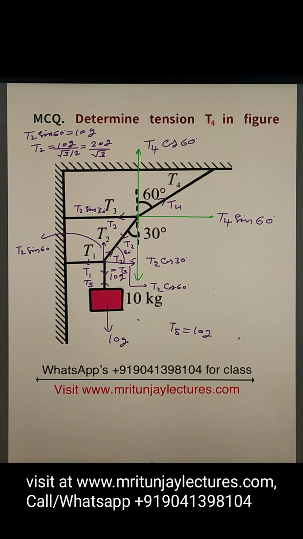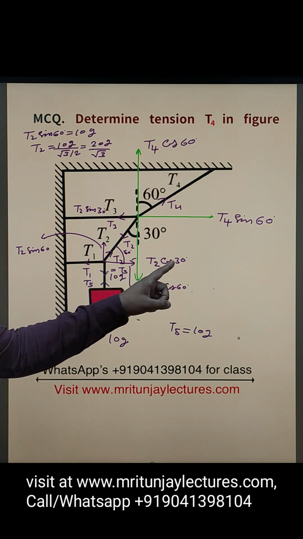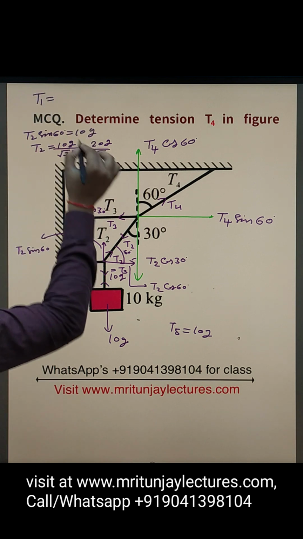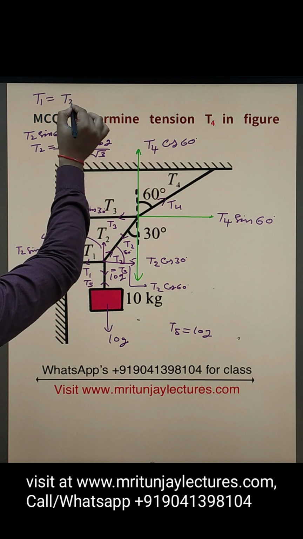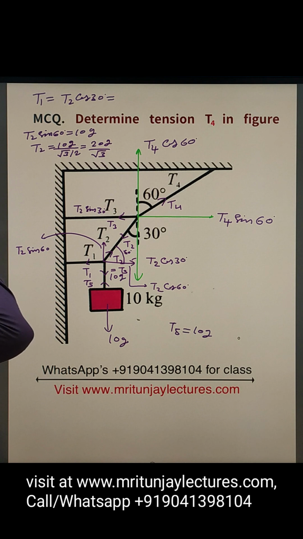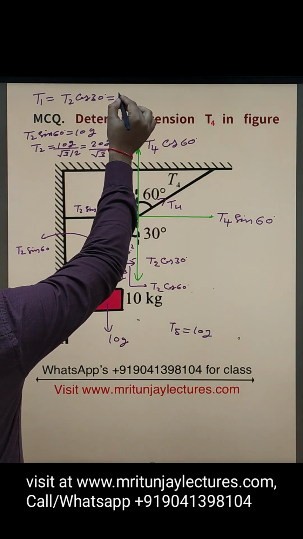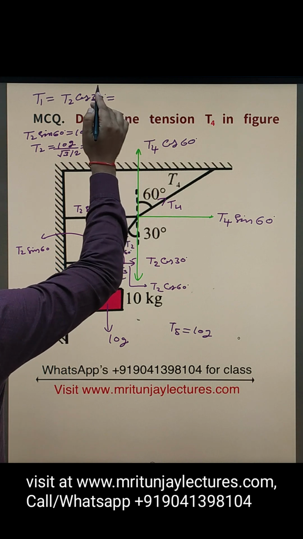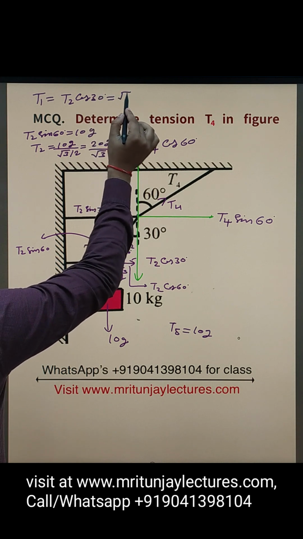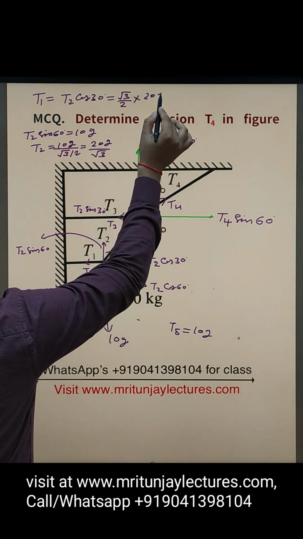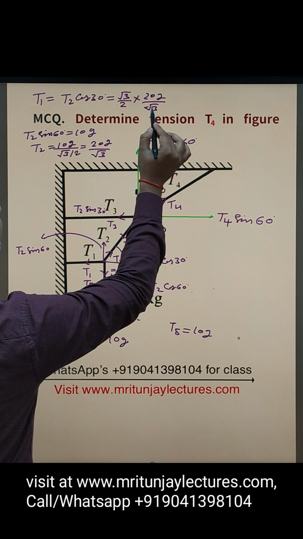Okay. T2 is like that one. T1 this will equal to T2 cos 30. T1 this will equal to how much? T2 cos 30. Cos 30 is how much? That is root 3 by 2. So you can say that root 3 by 2, T2 is also 20g by root 3.